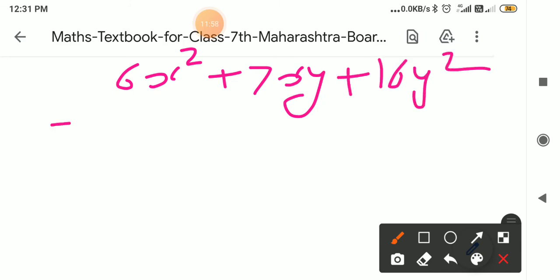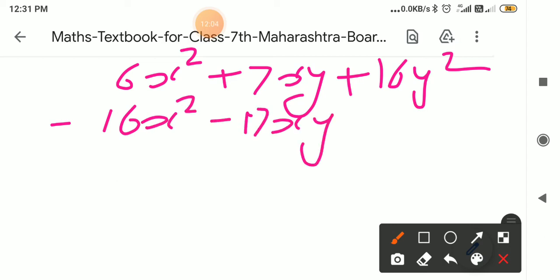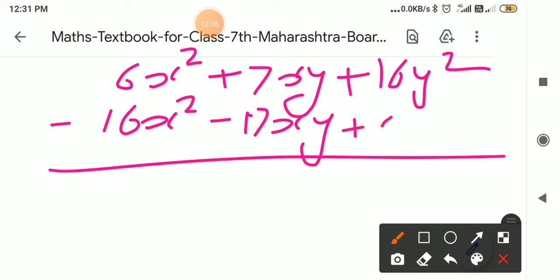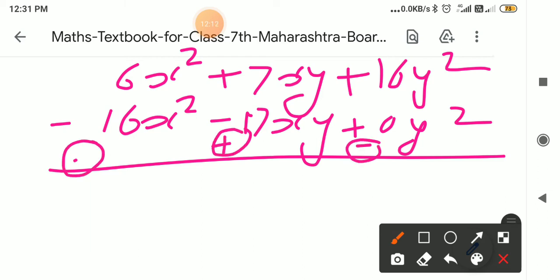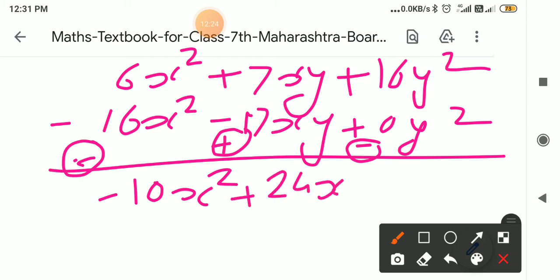Below it, minus 16x square minus 17xy, and here no term is there, so keep it as it is. Otherwise you can write 0y square, no problem. As I told you before, the signs are changing. So 16 minus 6 is equal to minus 10x square. 17 plus 7 is equal to 24xy. And 16y square has no term to subtract from, so 16y square remains.